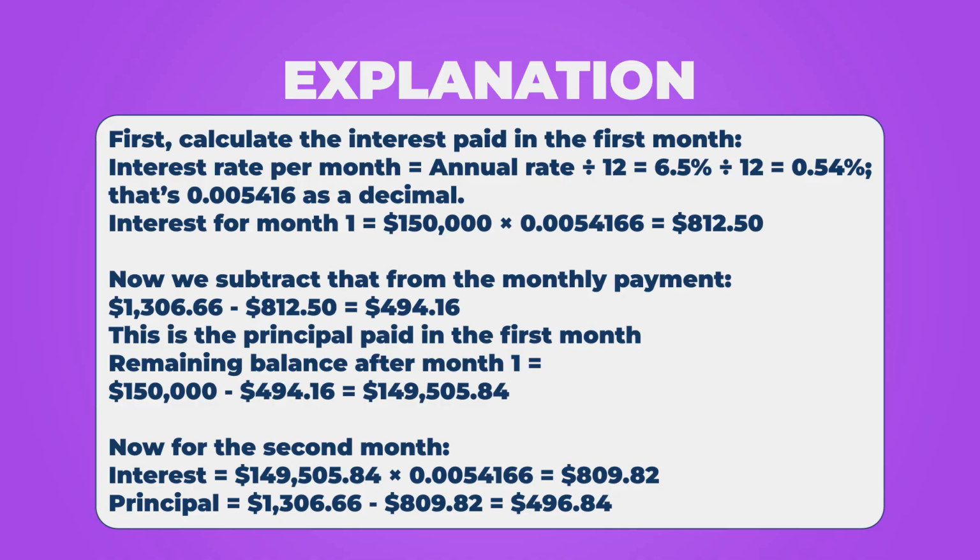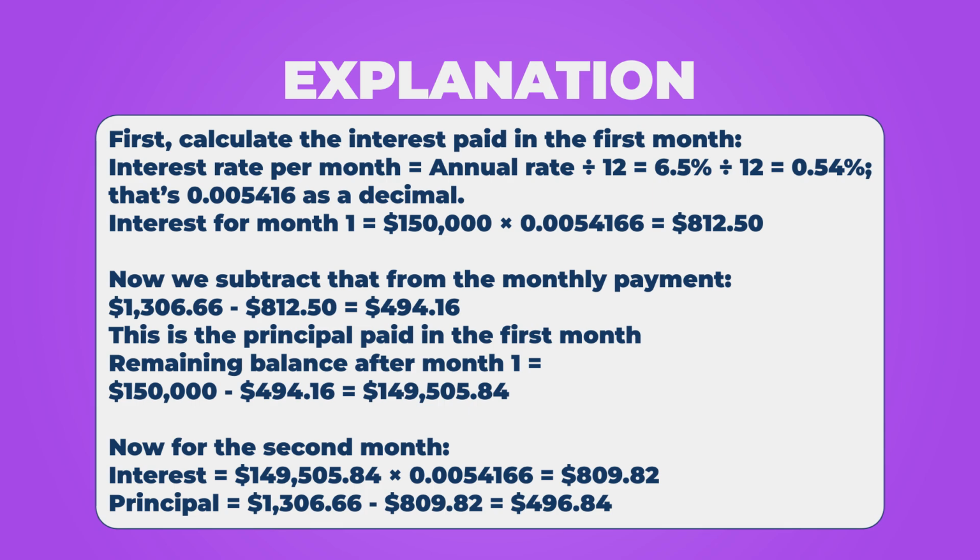Interest for month 1 equals $150,000 times 0.005416 equals $812.50. Now we subtract that from the monthly payment. $1,306.66 minus $812.50 equals $494.16. This is the principal paid in the first month.